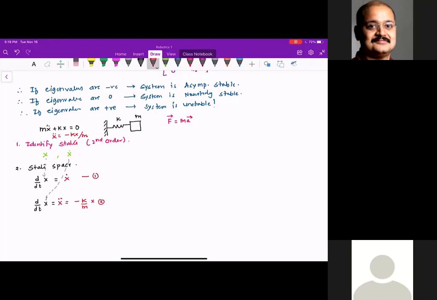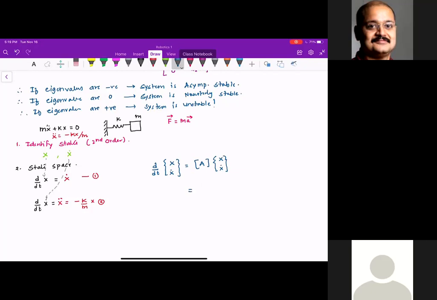Now I can write this equation into a state space form: d by dt of x and x dot is equal to A times x and x dot.